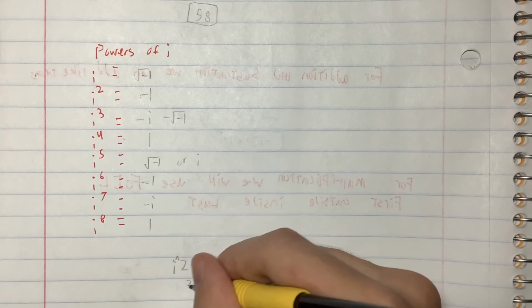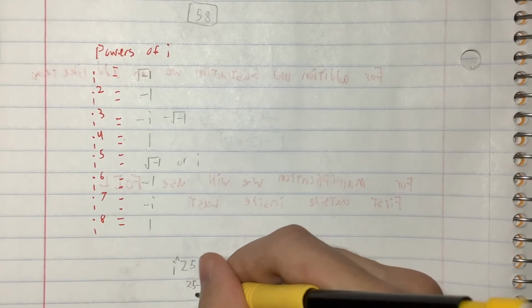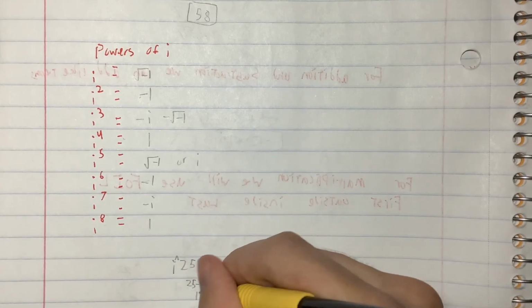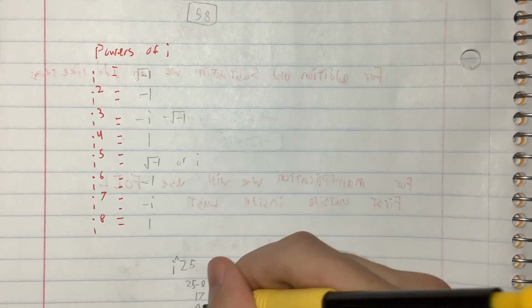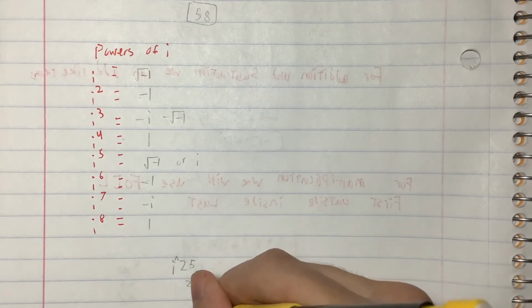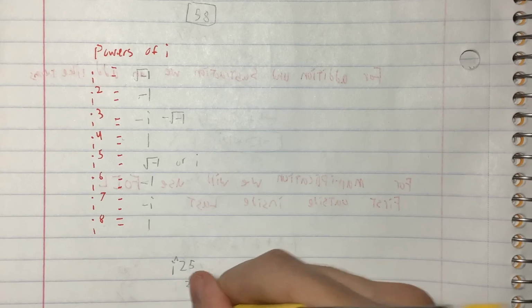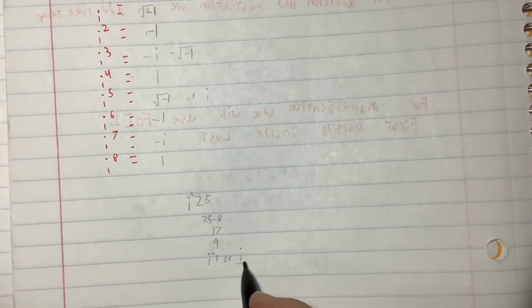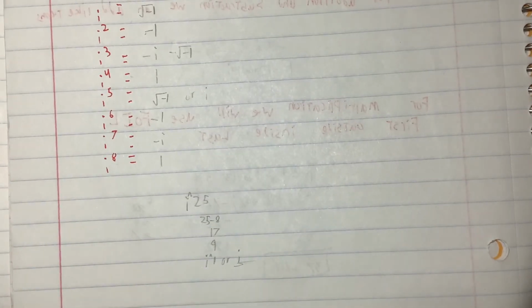So, 25 minus 8 will equal 17, minus 8 is 9, minus 8 is 1. So we have i to the first power, or i. So i to the 25th power is the same as i. Very simple.